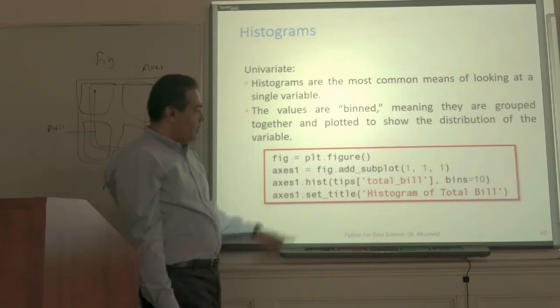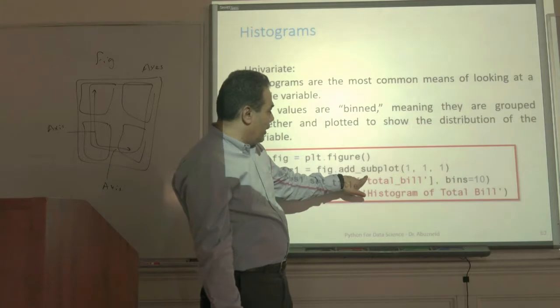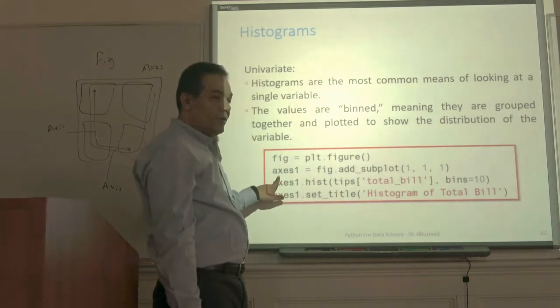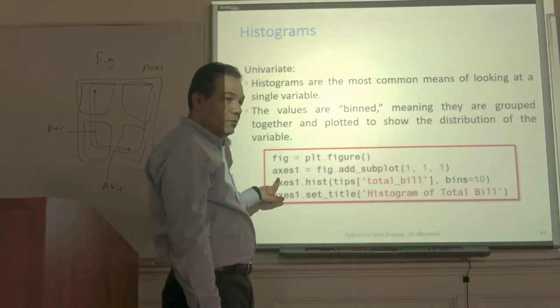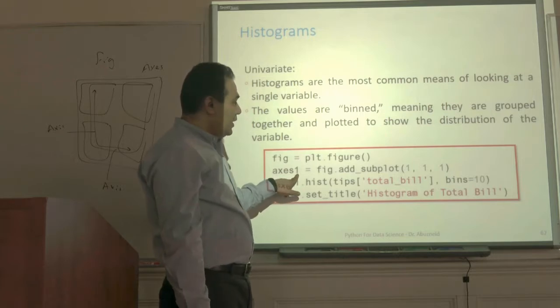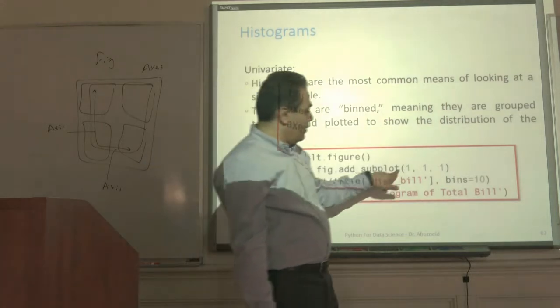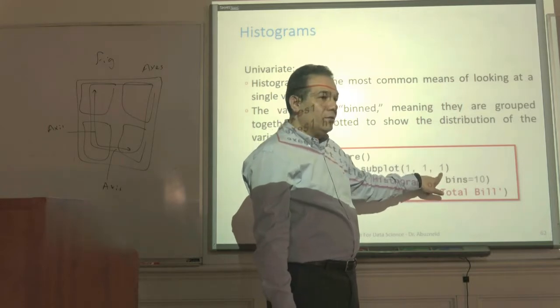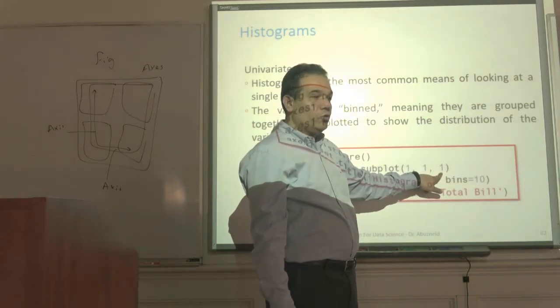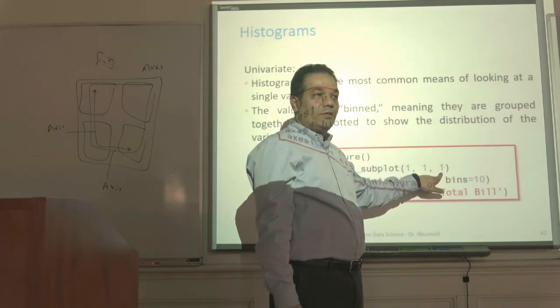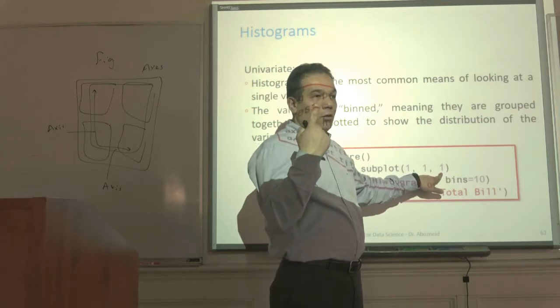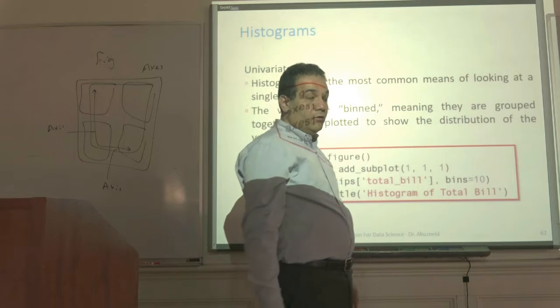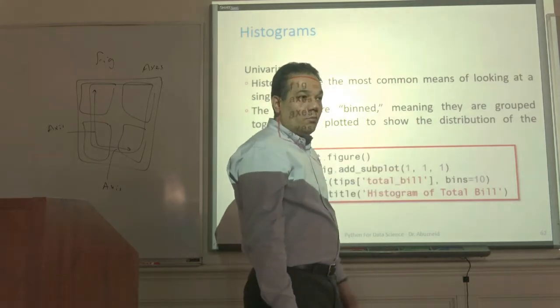Now, I need to add a subplot, which is axes 1. In here, it's row 1, column 1, and it's occupying position 1. So this figure has how many axes? 1, right? Because I have 1 row and 1 column.